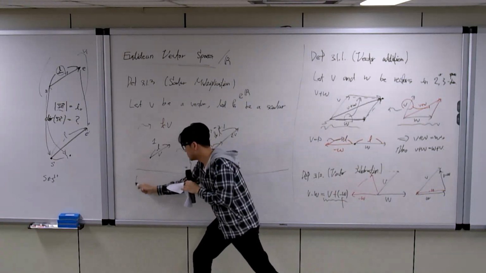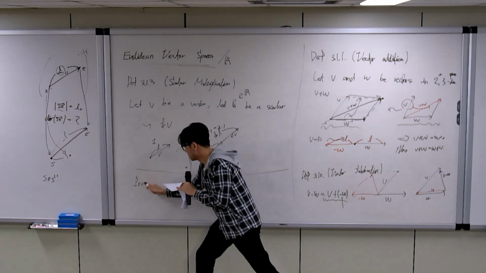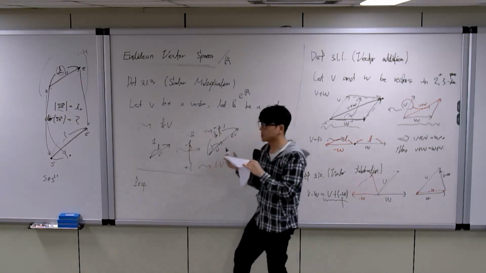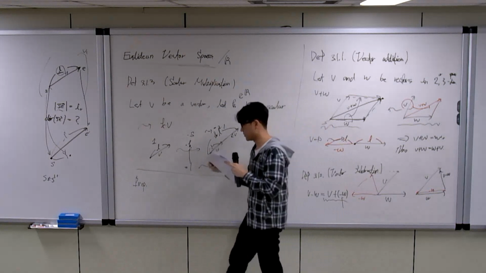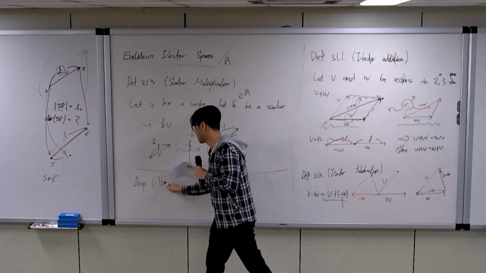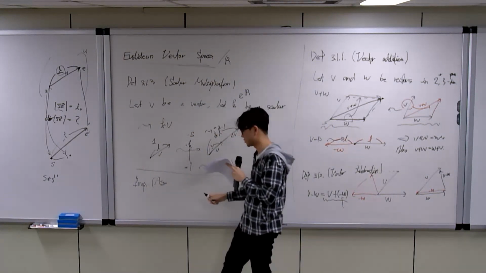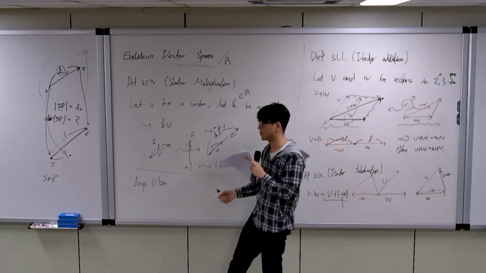So as a proposition, we can see the associative rule in addition and subtraction too. Of course, scalar multiplication too.